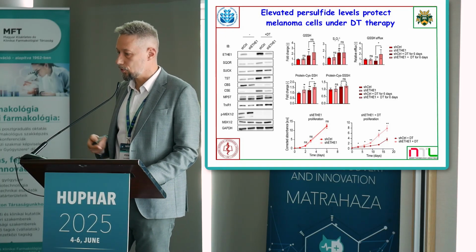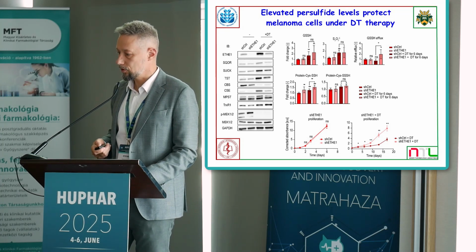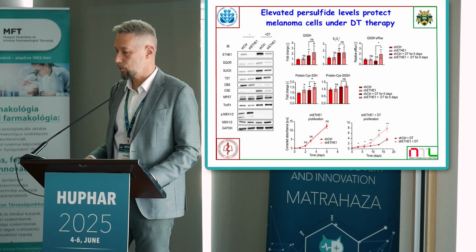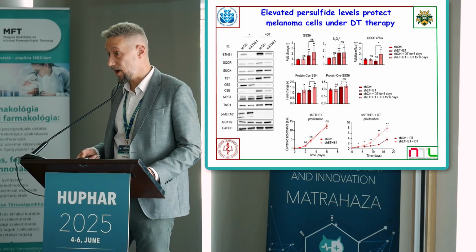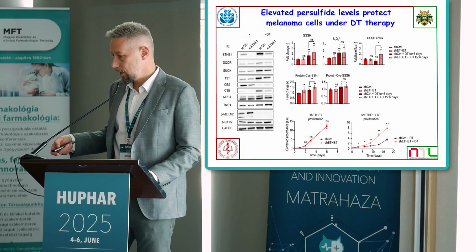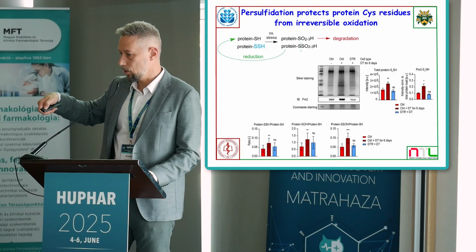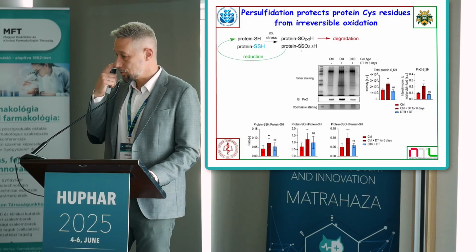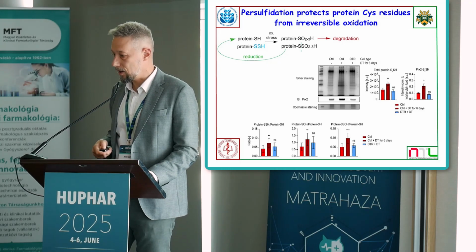So persulfides are good for these cells, for tumor progression, and in particular persister cells, we believe, utilize these persulfides that are generated by CSE for survival in one way or another. Mechanistically, we were able to demonstrate that one mechanism was to protect important cysteine residues from overoxidation. This was demonstrated by a small proteomic analysis and also in peroxiredoxin 2 and some other enzymes.